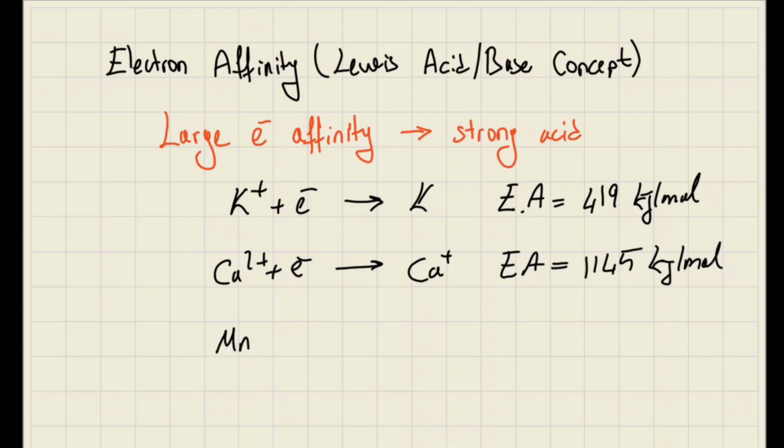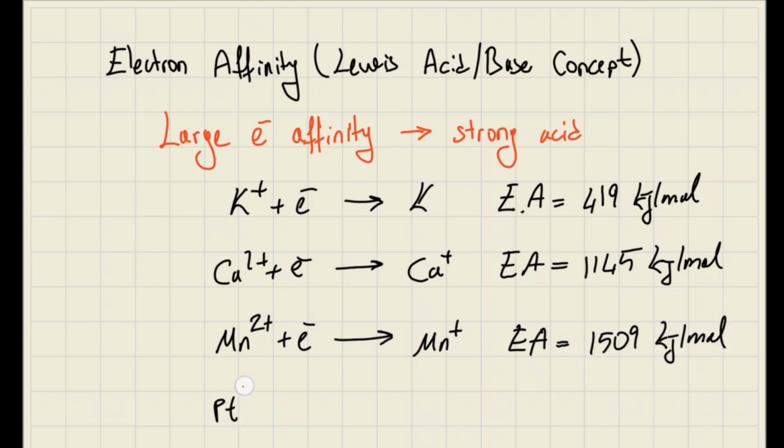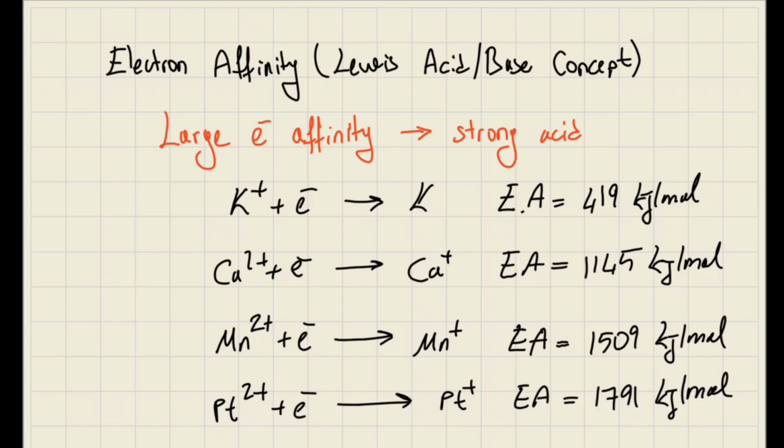We can look at manganese 2 plus. So in here, platinum 2 plus is the strongest acid since its electron affinity is higher than the others.